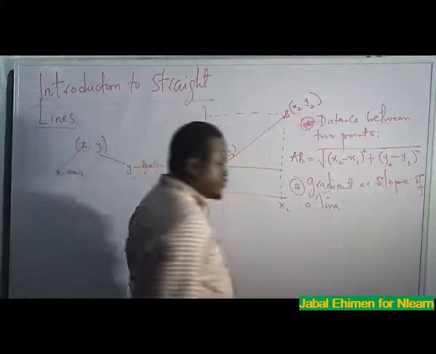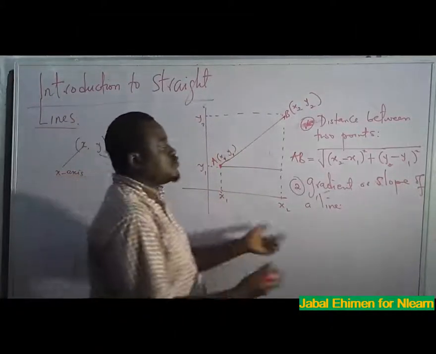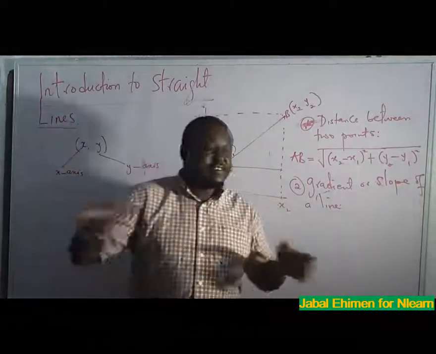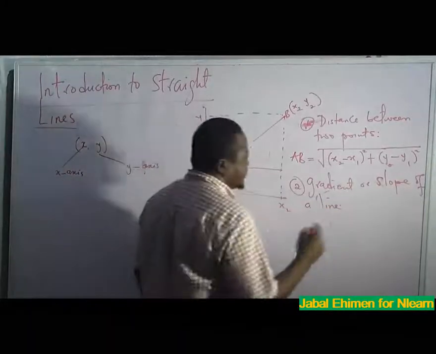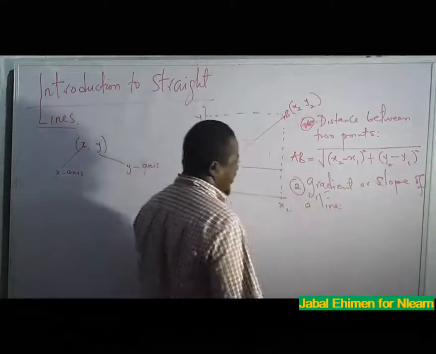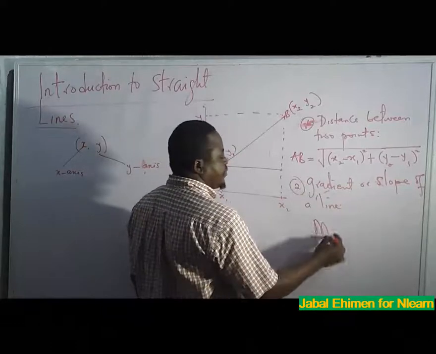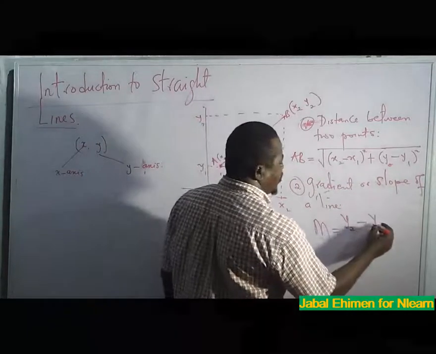Now, the slope, the gradient is all about the flexibility, the elasticity of the line. That's what it means. Flexibility of the line.